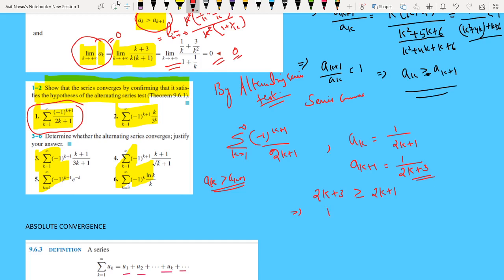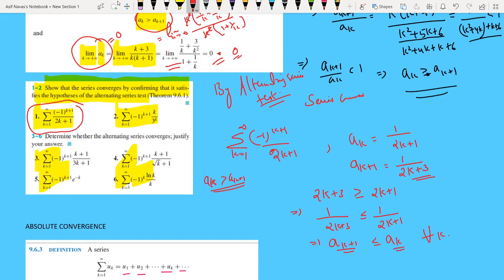It implies 1 by 2k plus 3 is less than or equal to 1 by 2k plus 1. So this is actually ak plus 1 less than or equal to ak for all k. So that means ak greater than or equal to ak plus 1.